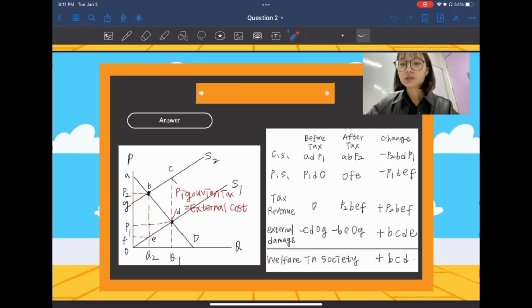And the external damage after tax is B, E, O, G.